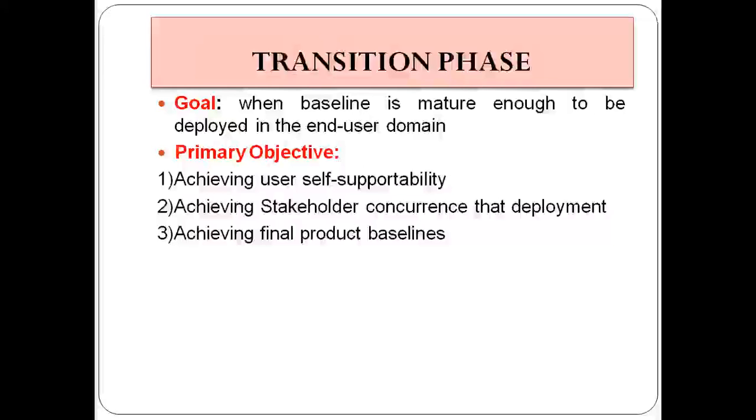Now this phase could involve other activities. The activities happening in the transition phase are, we are going to do beta testing to validate the new system against user expectations. Here for beta testing we are going to choose only a few people, either 4 or 5 people, and use them for beta testing.